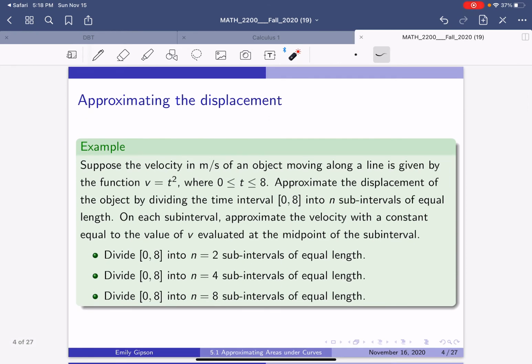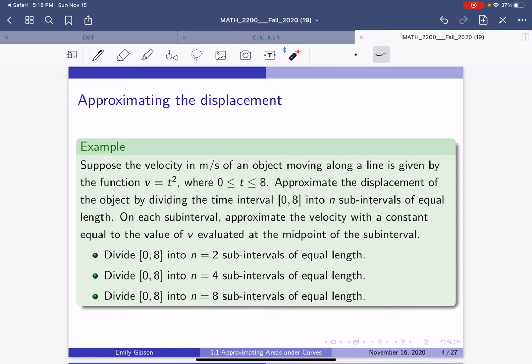So here in this example, we're going to take the velocity to not be a straight line. Instead, we're going to take the velocity to be v equals t squared, where our time interval goes from 0 to 8. And I want to approximate the displacement of the object by dividing the time interval 0 to 8 into n many subintervals of equal length.